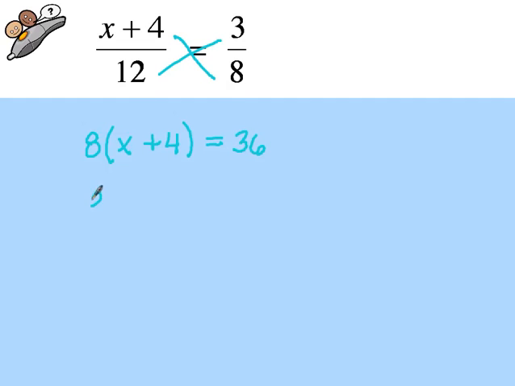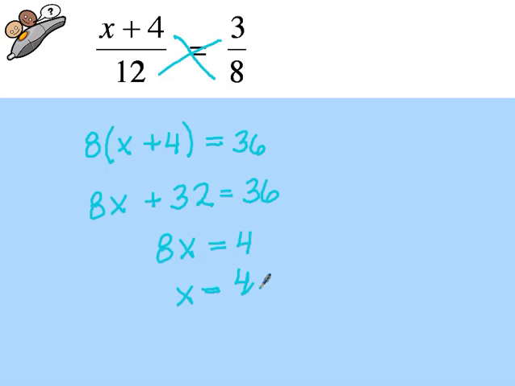So if you distribute, you should get 8x plus 32 equals 36. Subtract 32 from both sides and you end up getting 8x equals 4. Divide by 8, you should get x equals 4 divided by 8, which is 1/2, which is 0.5. Okay?